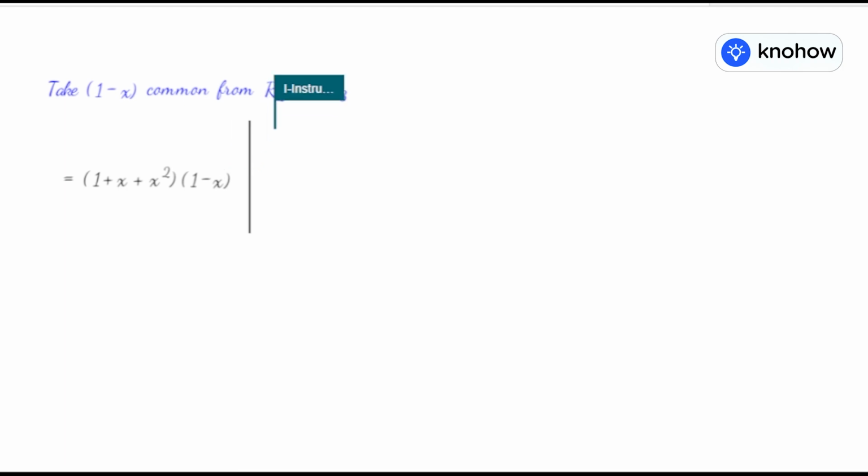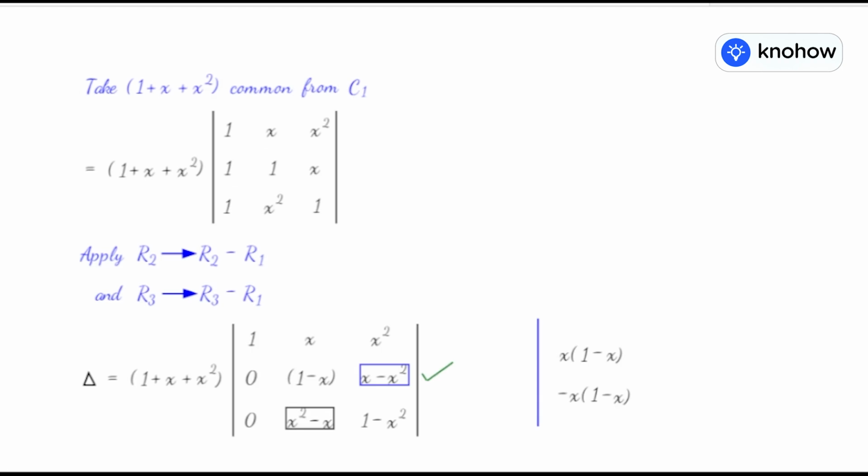The first row remains the same, 1, x, x squared. What do you get in the second row? In the first column already two zeros are there. Now from R2, when you take 1 minus x common you get 1, and when you take x common you get 1 minus x, so if you remove 1 minus x you are left with x.